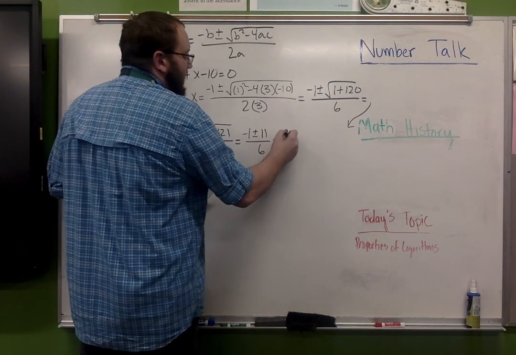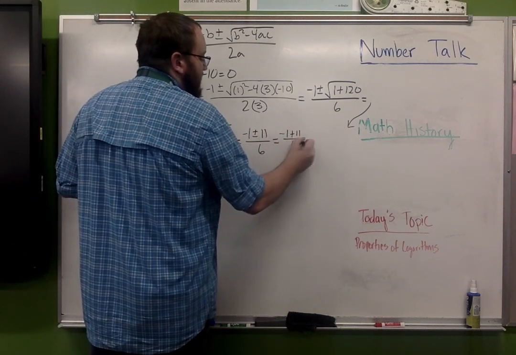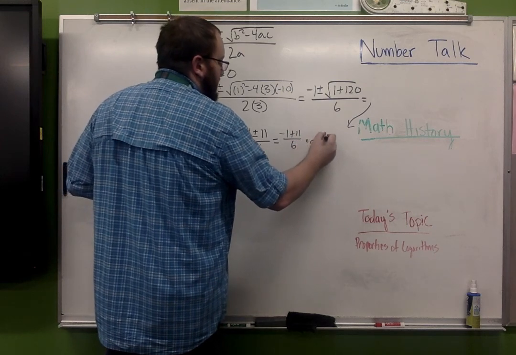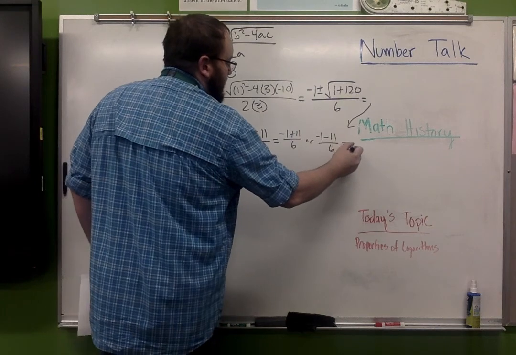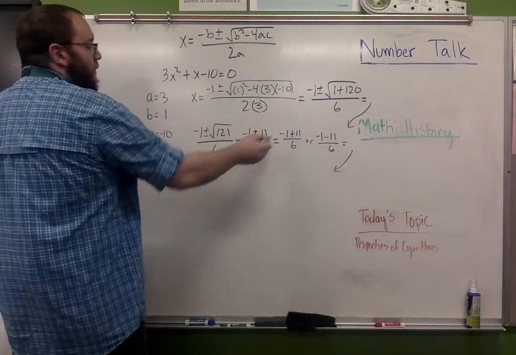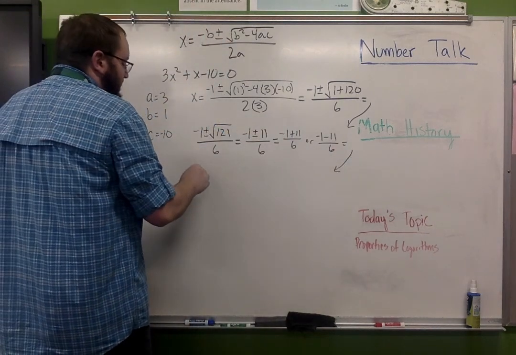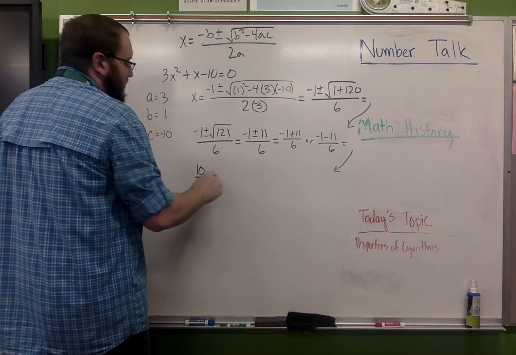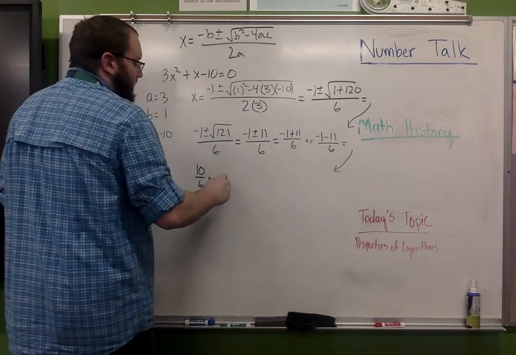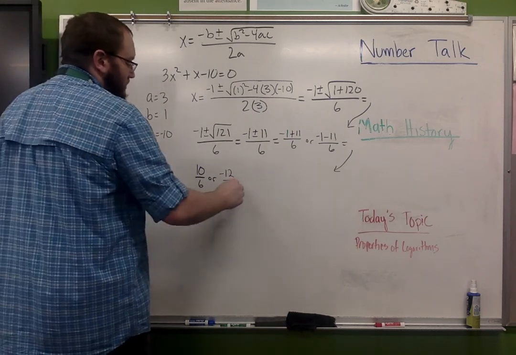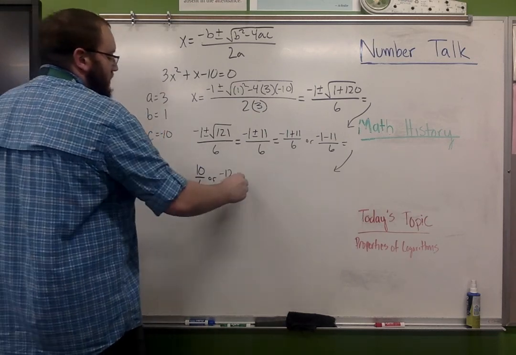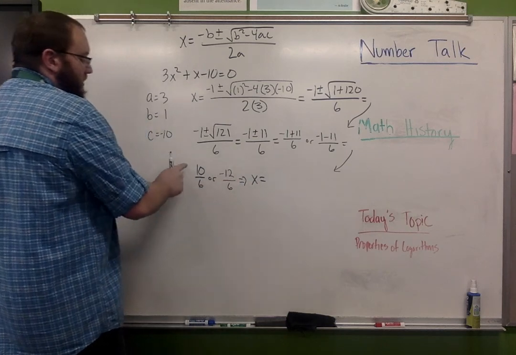And then we have negative 1 plus 11 over 6, or negative 1 minus 11 over 6. So this one, negative 1 plus 11, is 10 over 6. And then negative 1 minus 11 is negative 12 over 6. So x equals 10 over 6.